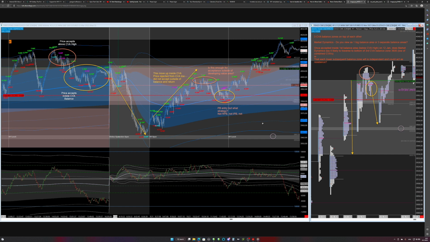When we are accepted inside the value area, price has a tendency to traverse to the other side, and the only exception to this traverse is rejection from the point of control.